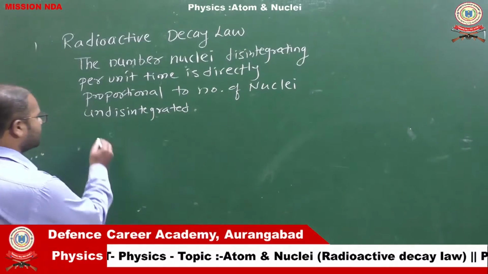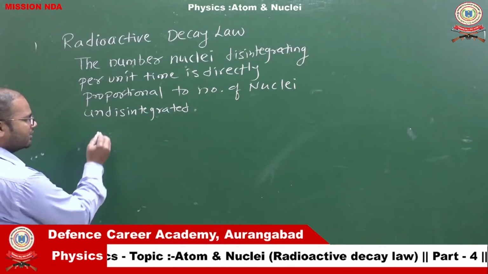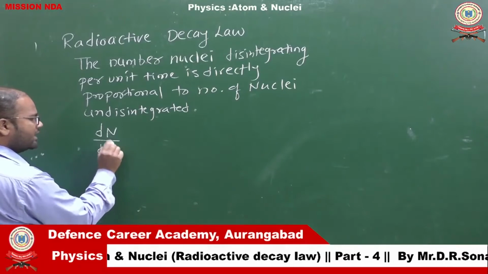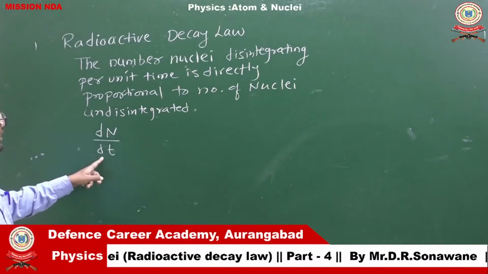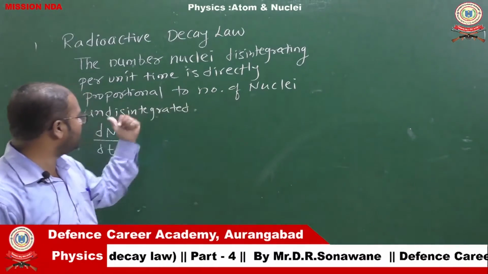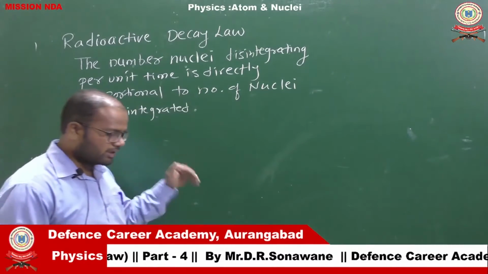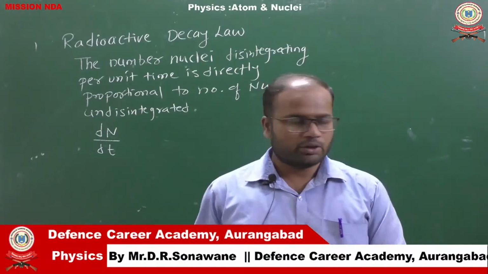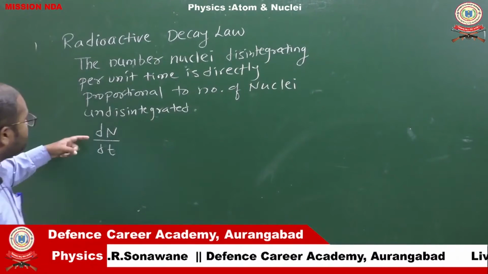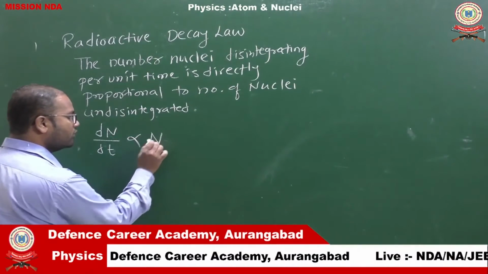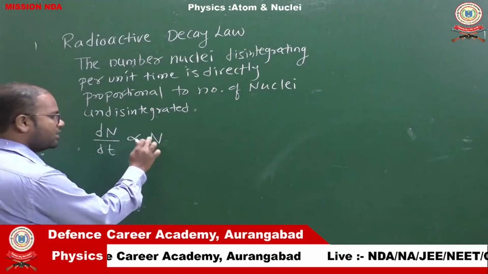If we consider the number of nuclei as N, then the rate of change of nuclei disintegrating, that is dN by dt, is directly proportional to the number of nuclei undisintegrated. Undisintegrated means unchanged, that are remaining. So the rate of change of disintegrating nuclei is directly proportional to the number of nuclei remaining or unchanged.